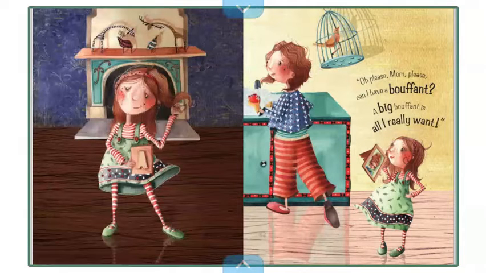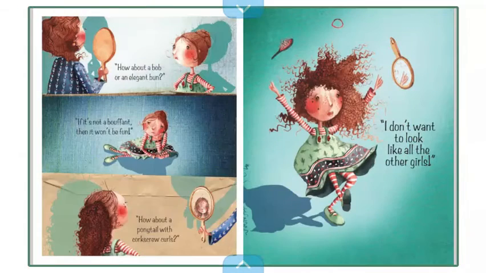A big bouffant is all I really want." "How about a bob or an elegant bun? If it's not a bouffant, then it won't be fun." "How about a ponytail with corkscrew curls?" "I don't want to look like all the other girls."